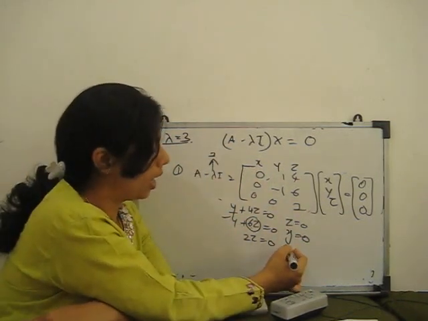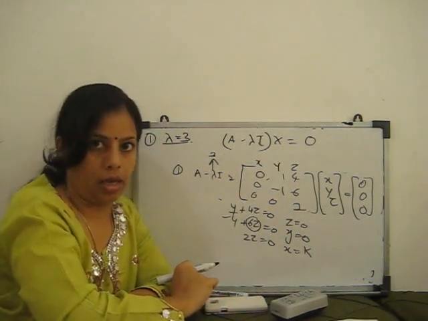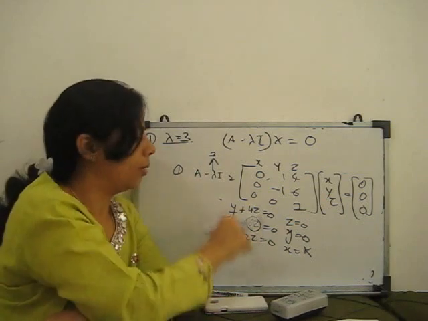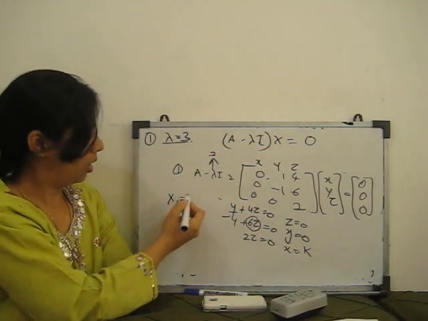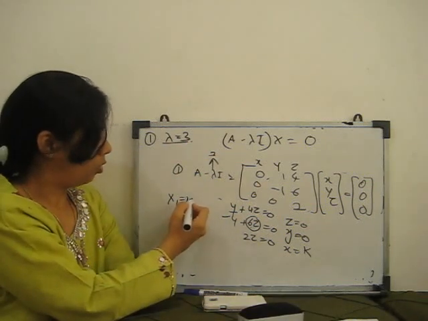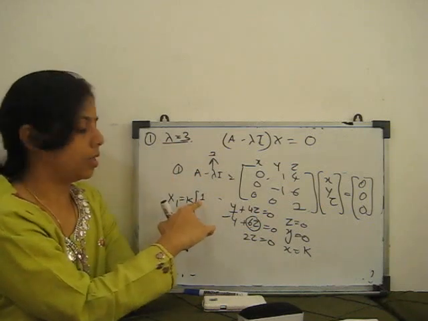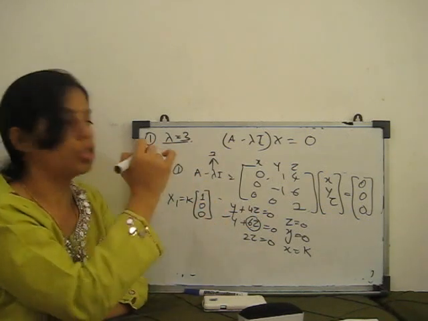So we consider x to be any arbitrary constant k. Then the corresponding eigenvector x1, if we take k outside, is k times (1, 0, 0).